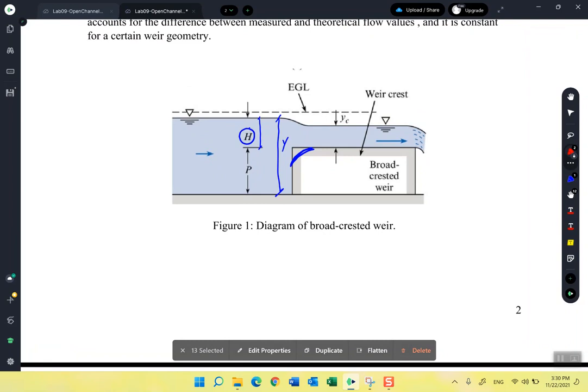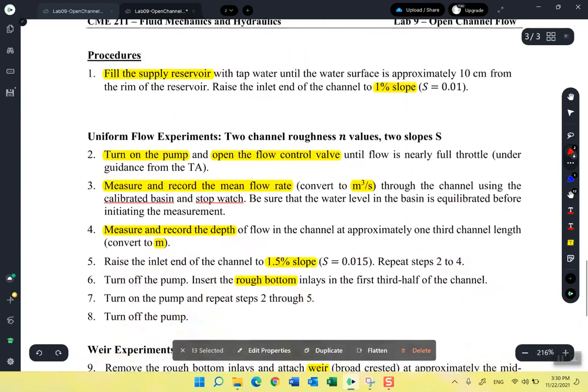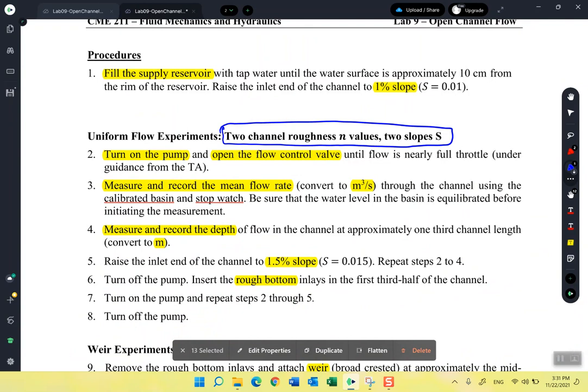We said that we are going to calculate the value of n, but if you reach this position, it says here that we will do the experiment 4 times for 2 channel roughness coefficients and 2 different slopes. There is nothing hard about the slope because we can adjust it easily, but the only thing I want to explain is what I mean by 2 channel roughness.